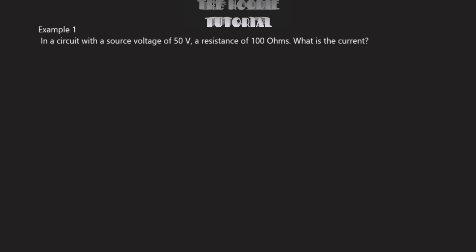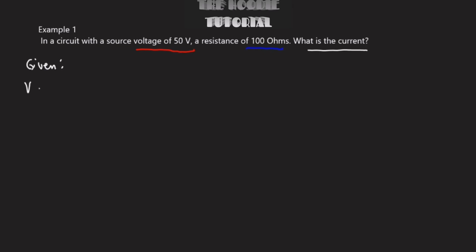Okay, so in a circuit with a source voltage of 50 volts and a resistance of 100 ohms, all we need to do is find the current. What is the current? So let's write the given first to understand the problem more.